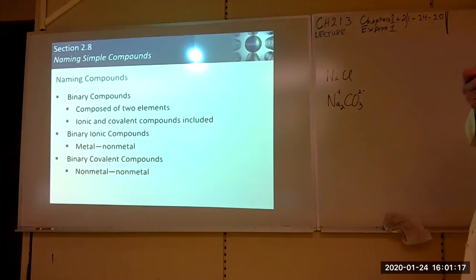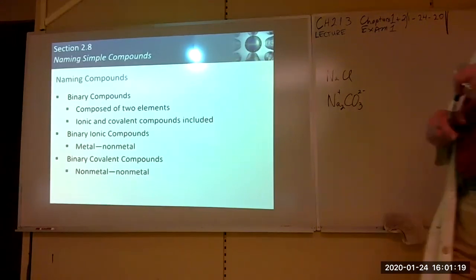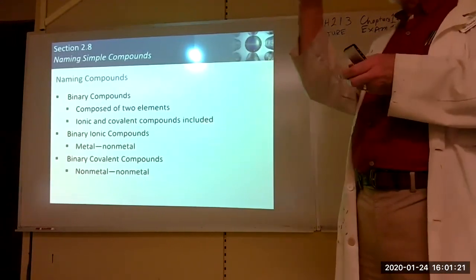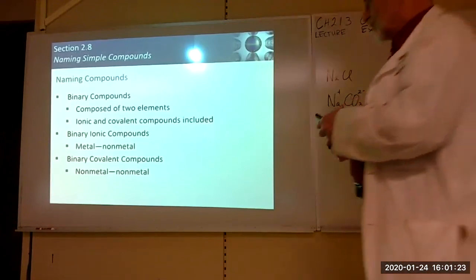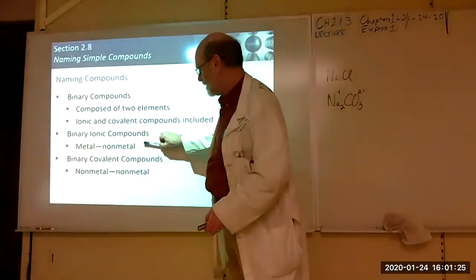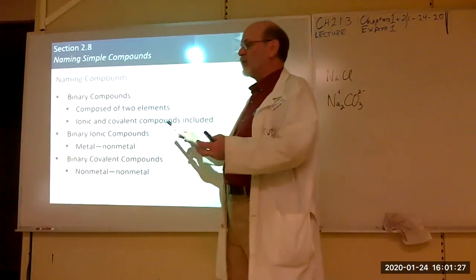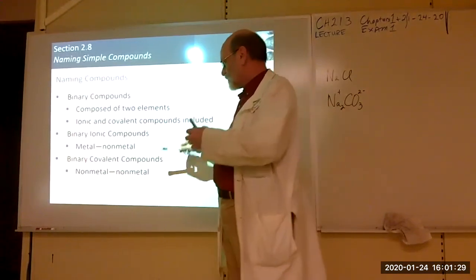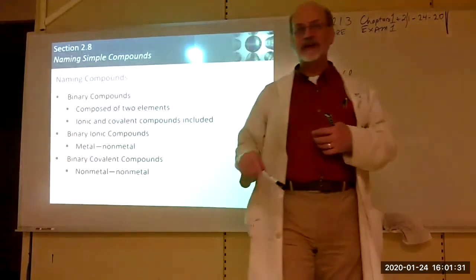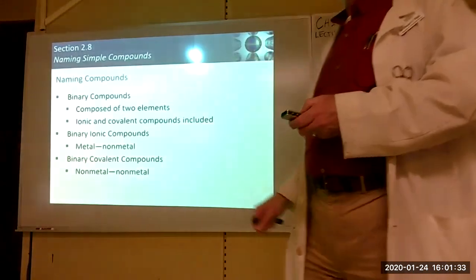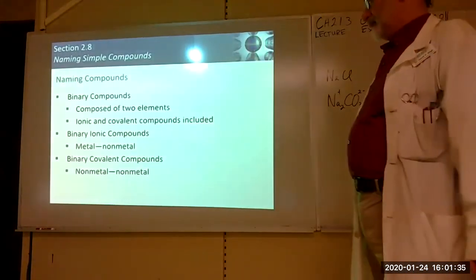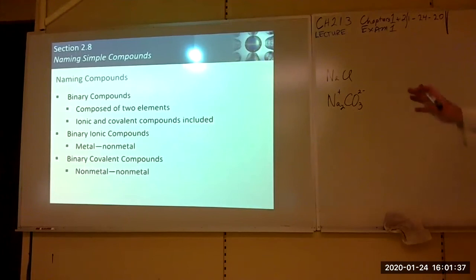And like any definition, there are exceptions or gray areas in between, right? So in between these two, as the elements get closer to one another, they assume more covalent character and less ionic character. But for now, this will hold true, and particularly for naming them, it holds true.